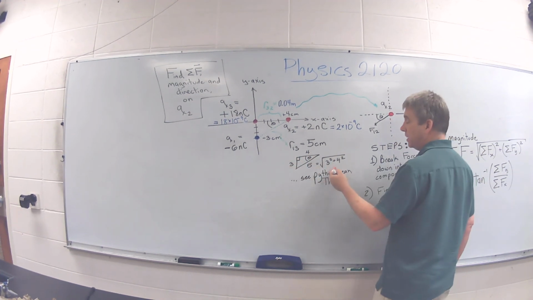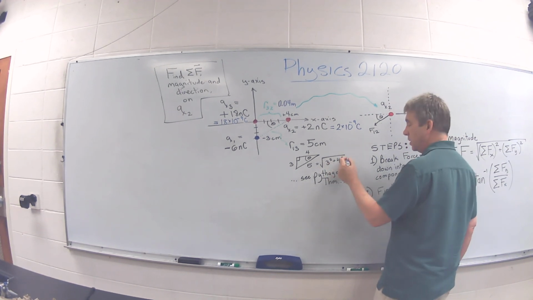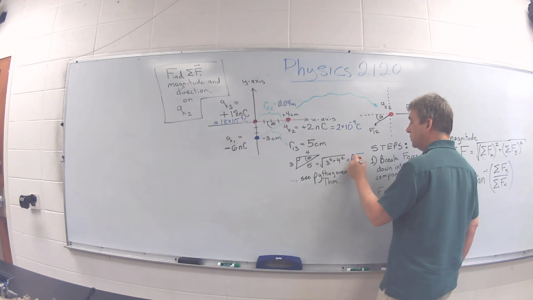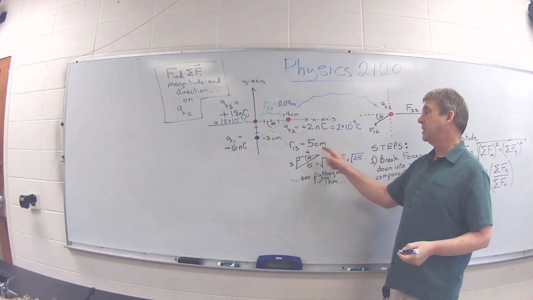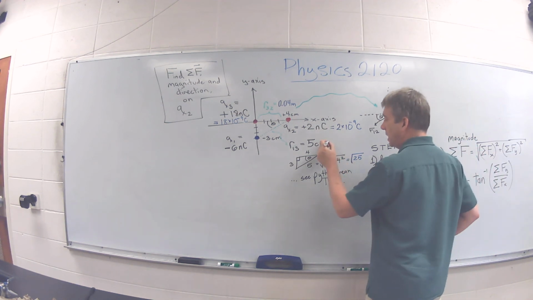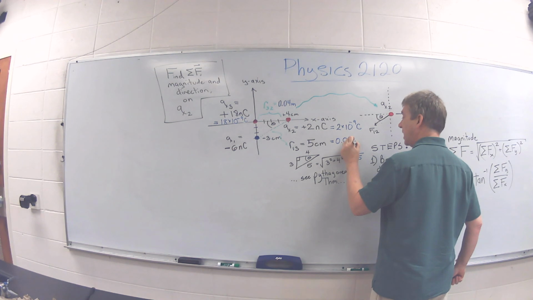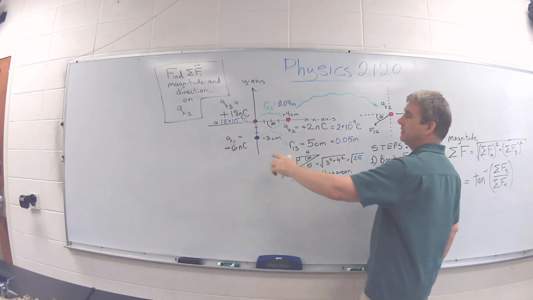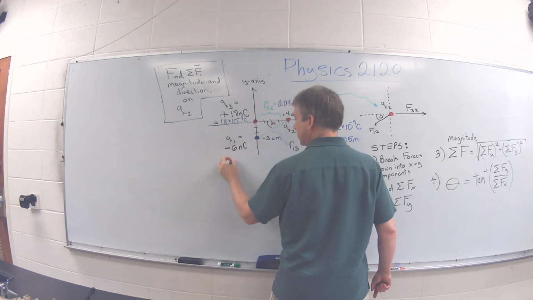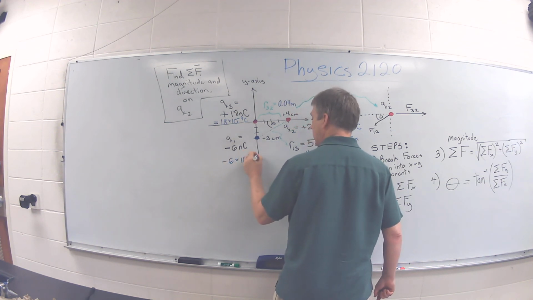So 3 squared plus 4 squared is 9 plus 16, that's 25, and the square root of 25 is 5. So that's 5 centimeters. But again, we have to remember that that's 0.05 meters. And this is negative 6 times 10 to the negative 9th coulombs.